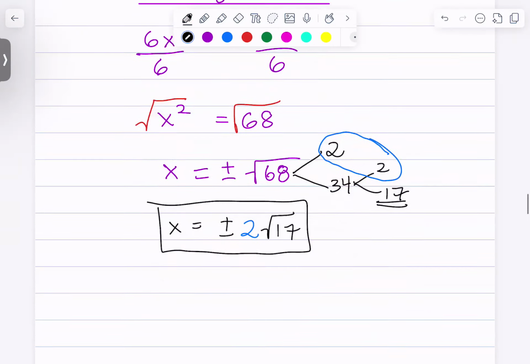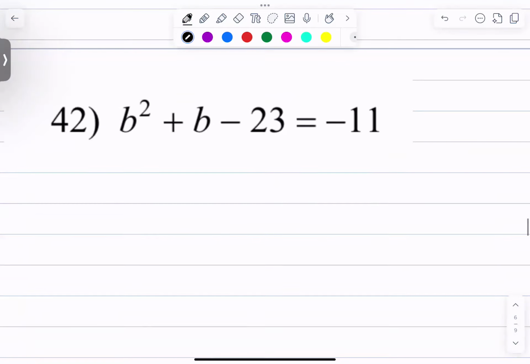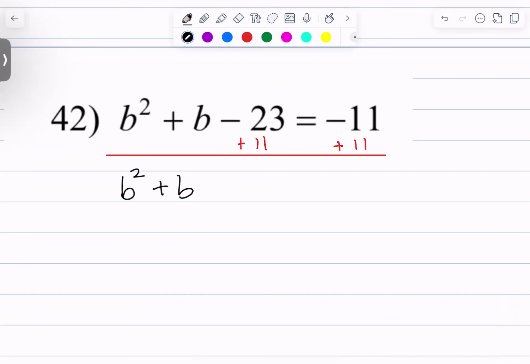Moving on to my next example. So I'm going to add 11 on both sides. When I add 11, it's going to be b squared plus b minus 12 equals 0.